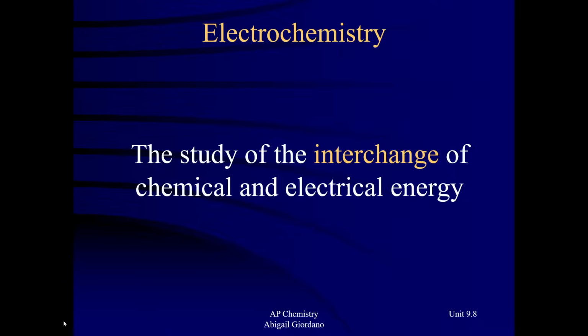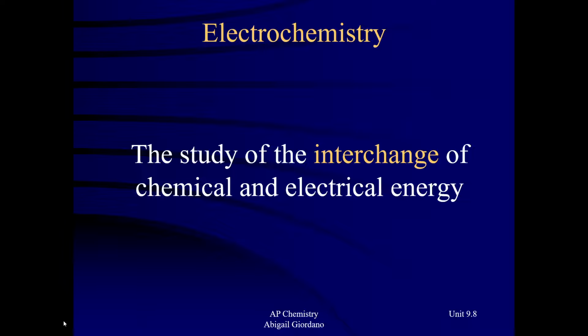All right, so both galvanic and electrolytic cells, which we will cover a little bit later, fall under the big umbrella heading of electrochemistry, which is exactly what it sounds like. It's the interaction between chemical and electrical energy. It's using chemical reactions to harness electrical power.